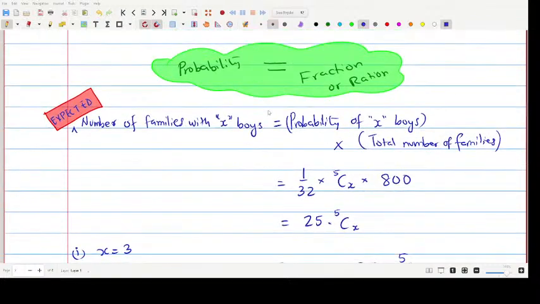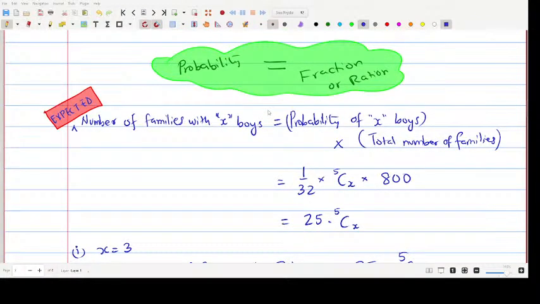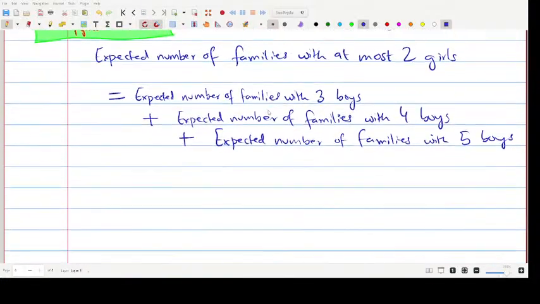Now we have the formula which we had derived. The expected number of families with x boys is 25 times 5cx. Now let's see how we can find our answer. In the first case, x is equal to 3, so I'll put a small speech bubble, x equals 3.